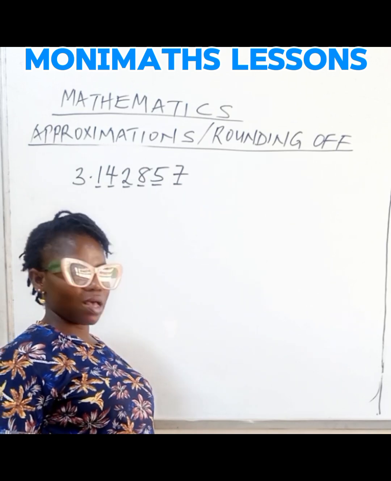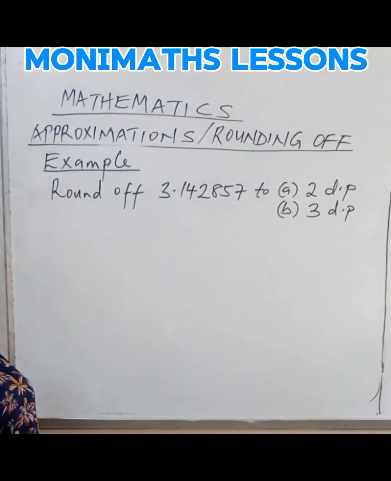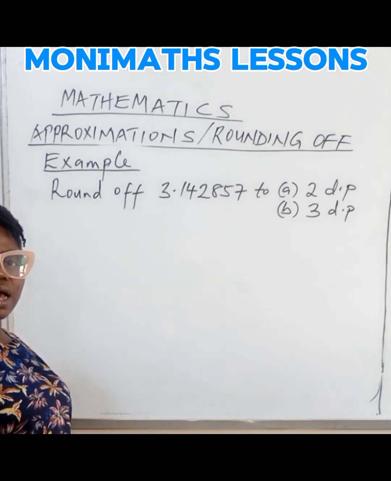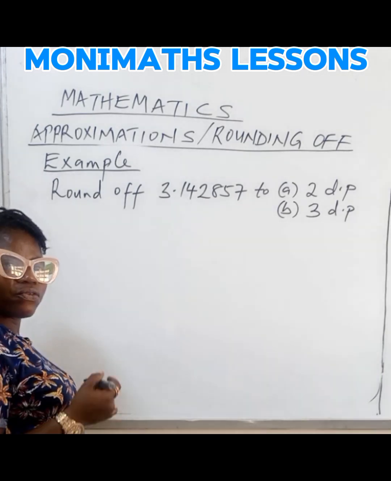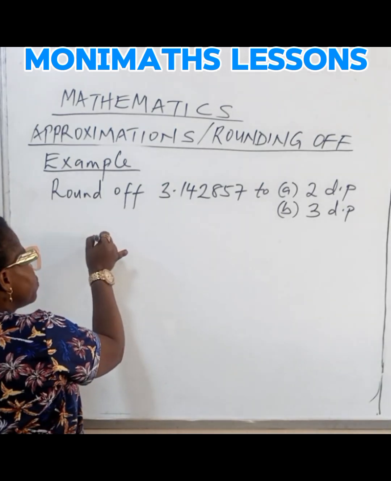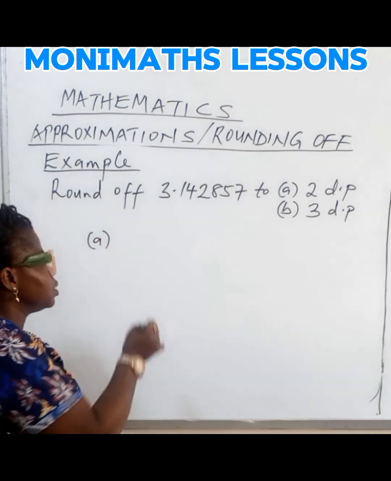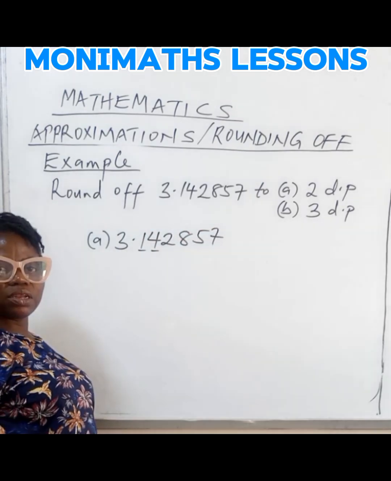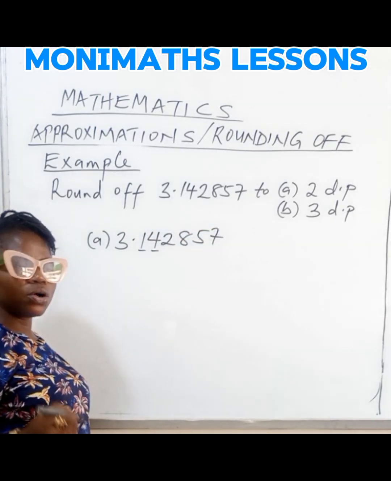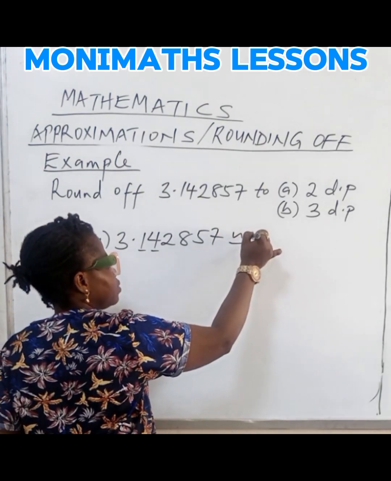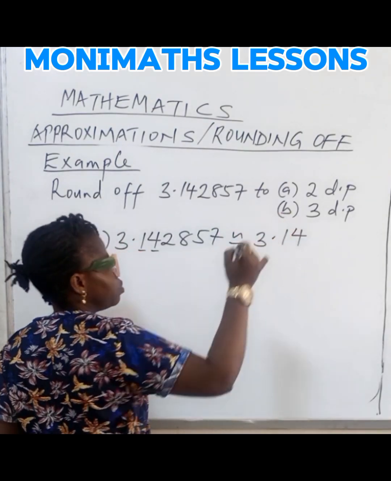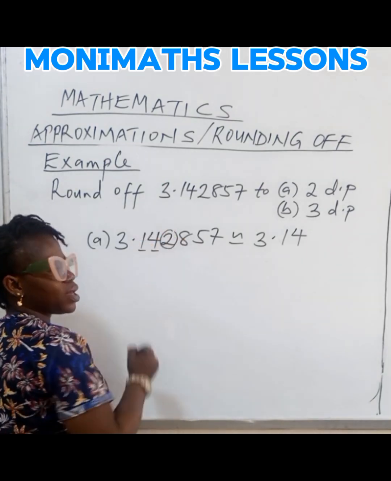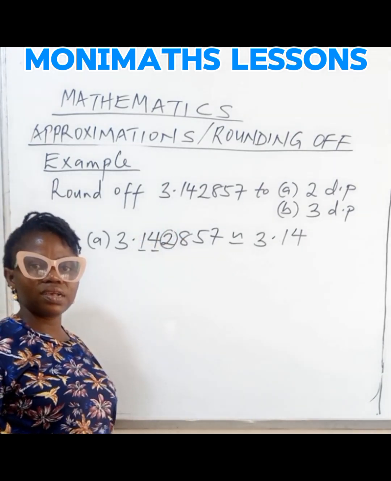So this number can be rounded off to a lower number of decimal places. Let us look at this example. Let us round off 3.142857 to 2 decimal places and to 3 decimal places. For the first example, to round off to 2 decimal places, the digits in the first 2 decimal places are 1 and 4. So I'll write 3.14. I won't just stop there. I will look at the digit immediately after the second decimal place.